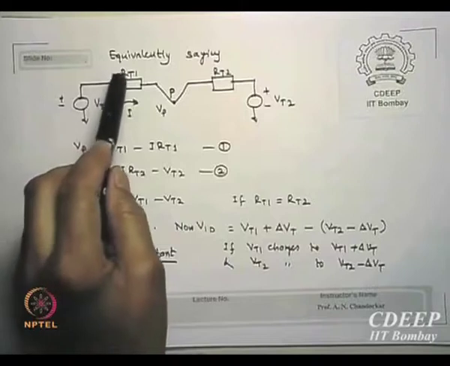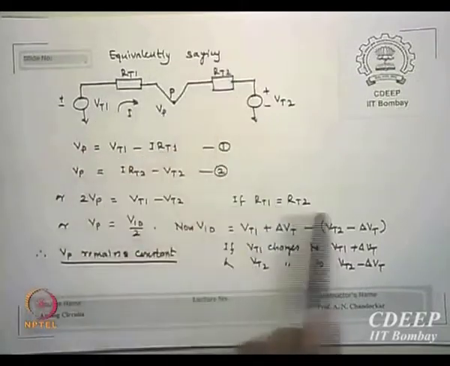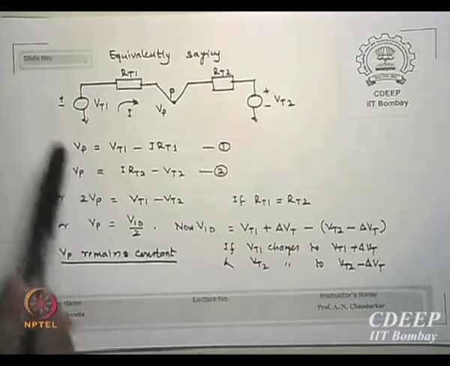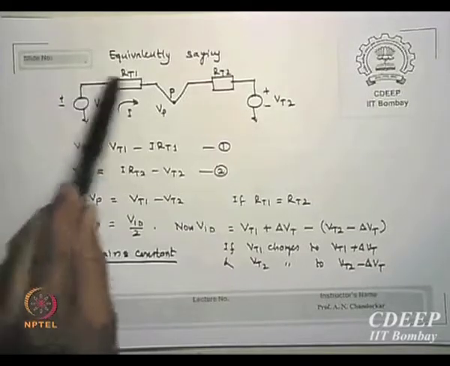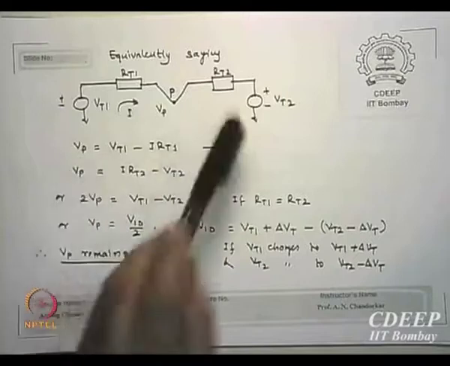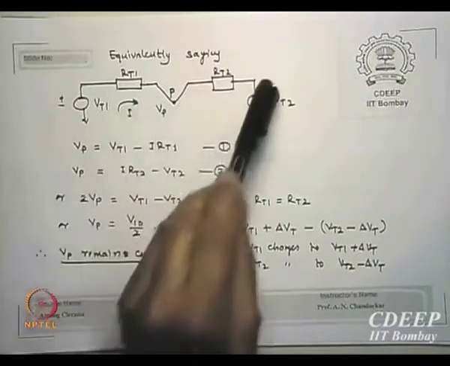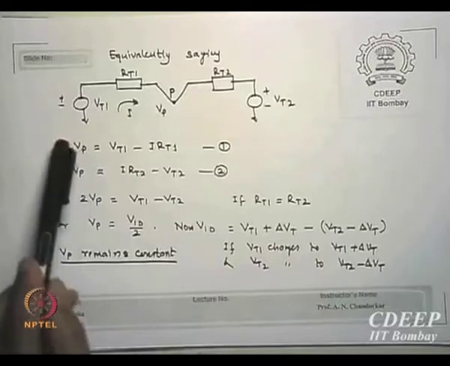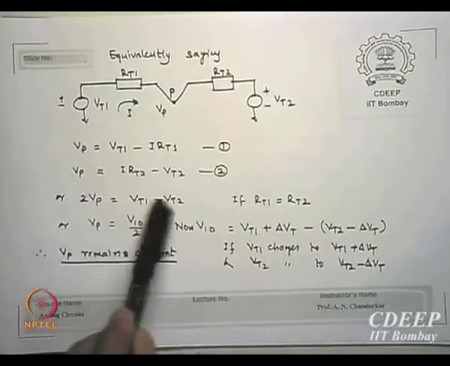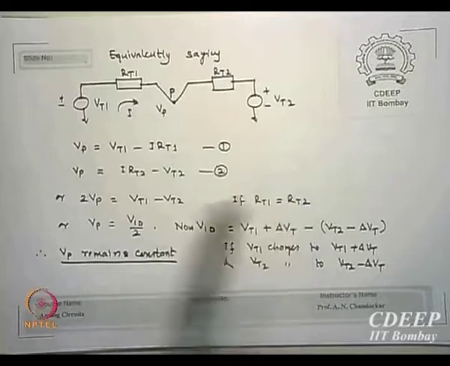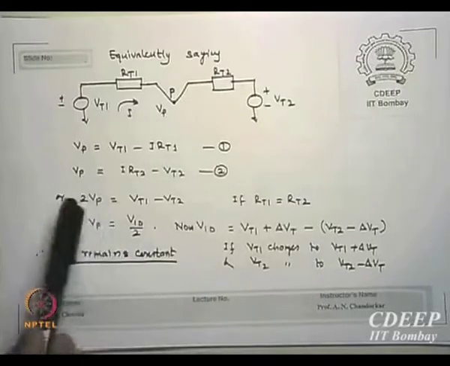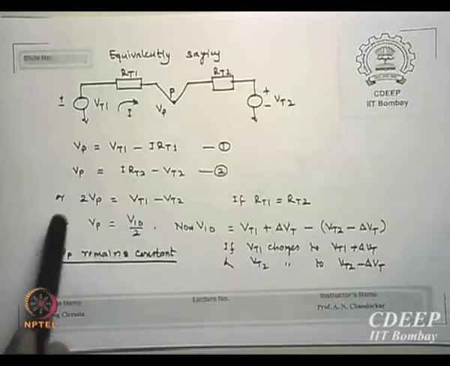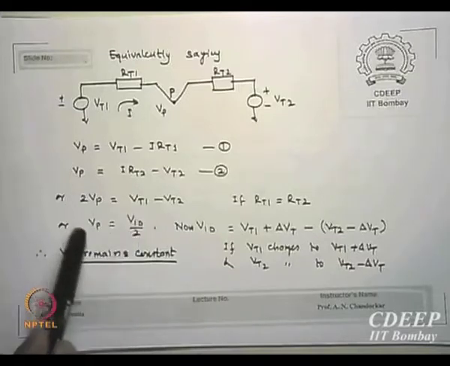We also assume Rt1 is equal to Rt2 for simplicity; we can prove otherwise, but just to show you here, I write Vp is this voltage minus the drop across this, and this voltage is I Rt2 minus this, minus V2. If I sum these two equations, 2Vp is Vt1 minus Vt2 if Rt1 is equal to Rt2. But we also know Vt1 minus Vt2 is Vid, so Vid by 2 is equal to Vp.